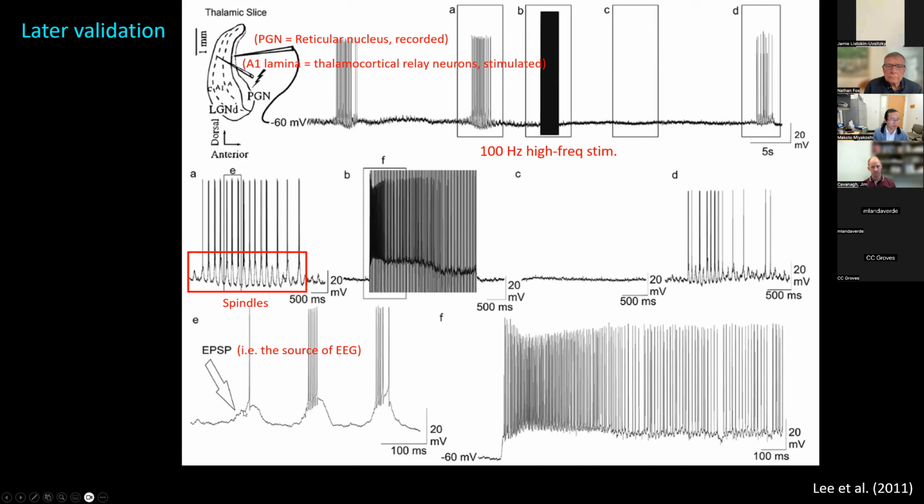So this low frequency thing can overlap very well after averaging. So this can accumulate and reach the point that the summation of this EPSP can make a significant contribution to the scalp recorded EEG.